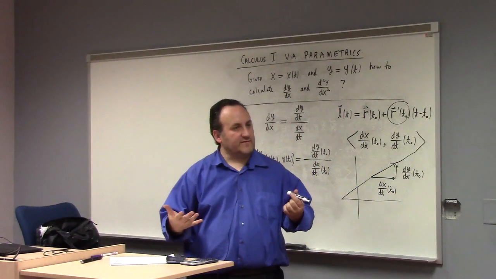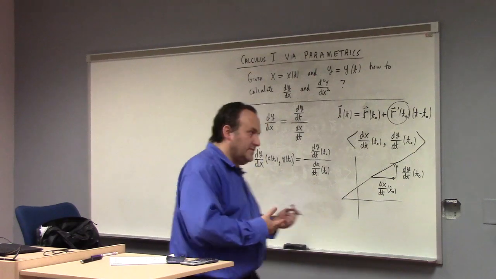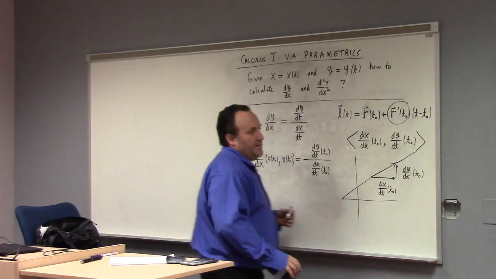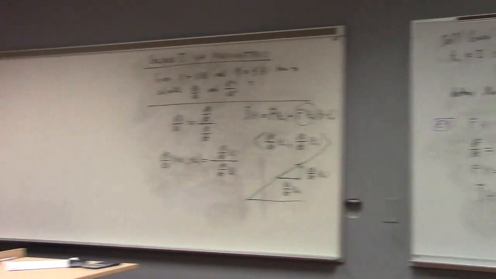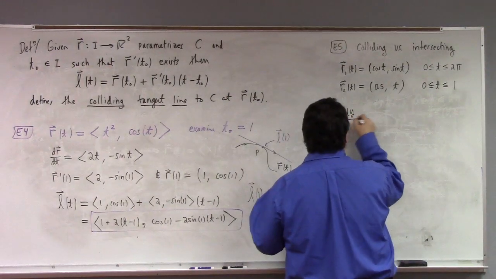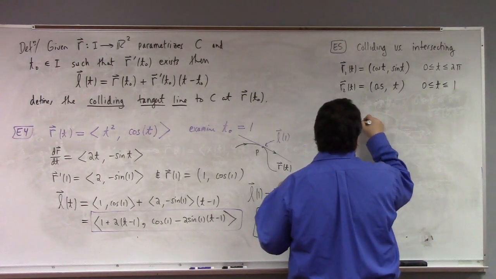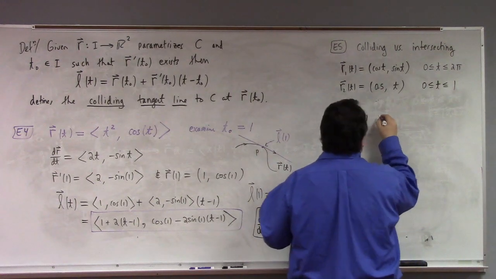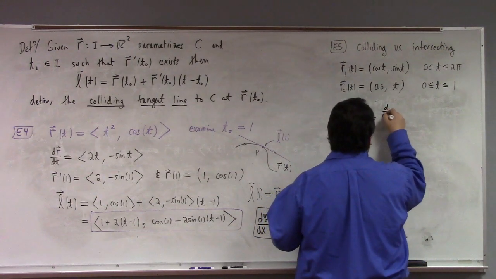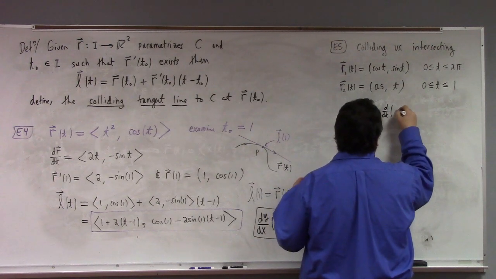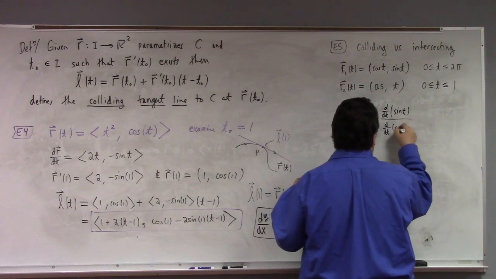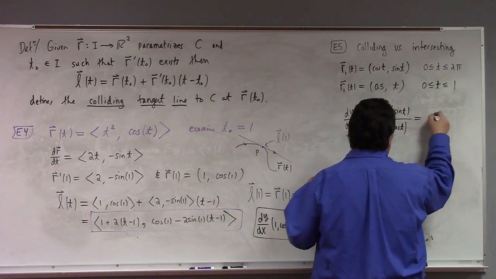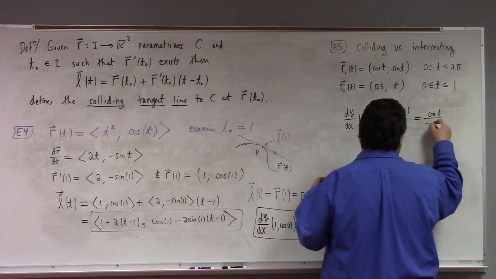And you could also calculate it as a function of time. If I go back to example 5 over here, we can calculate dy dx at time t as equal to d dt of y, which was sine, over d dt of cosine, and we get cosine t over minus sine t.